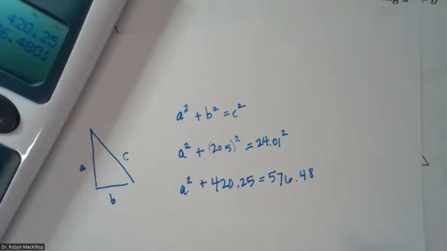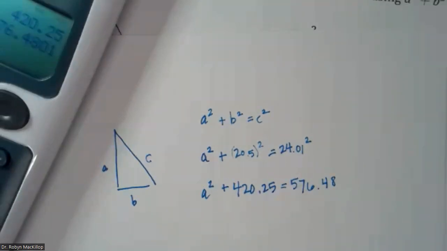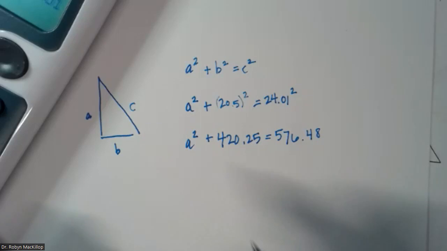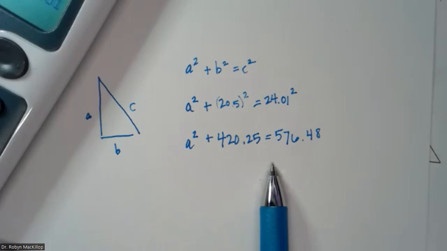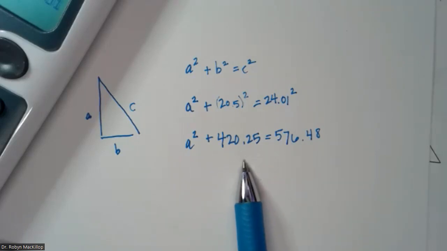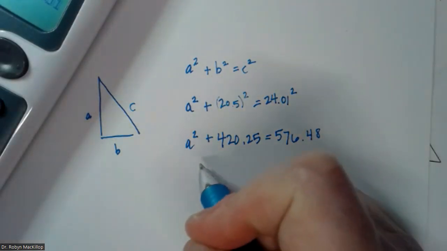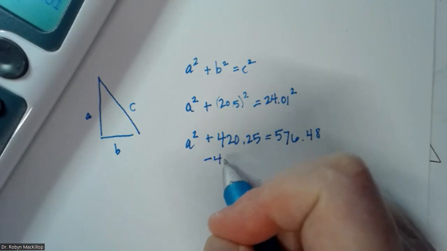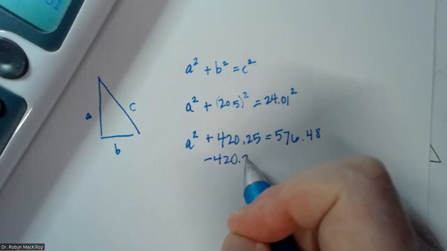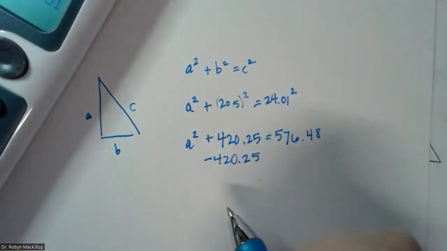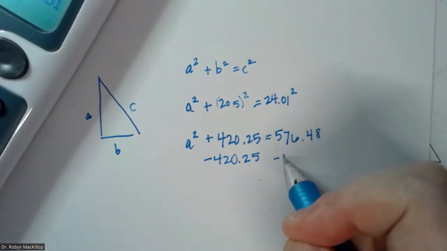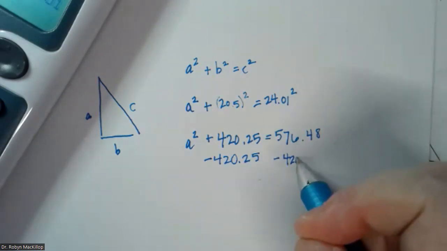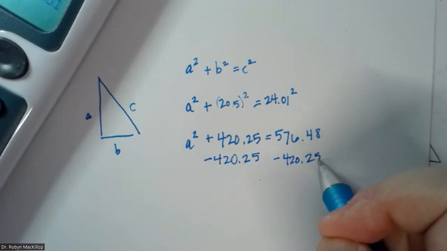Now, the numbers aren't great, but this looks like an algebraic equation. What we want to do in an algebraic equation is get the variable to one side and all the numbers to the other. So this number needs to go away. We need to get it off of this side, so we're going to subtract 420.25. And when we do that, we have to do the exact same thing on the other side of the equal sign: minus 420.25.